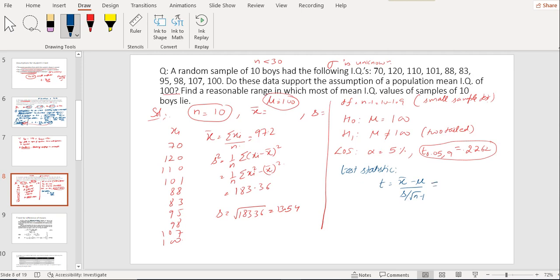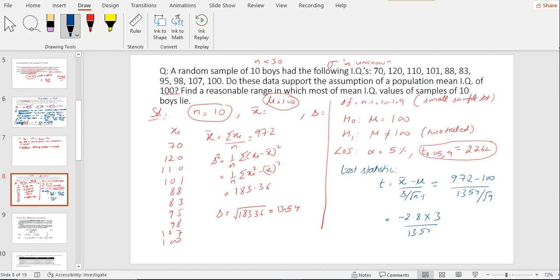Okay, so x bar is 97.2, mu is 100, and s is 13.54 divided by square root of 9. So it is minus 2.8 into 3 upon 13.54.